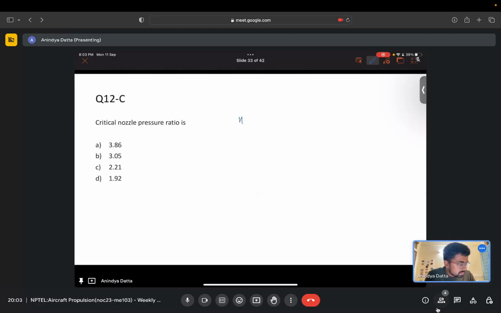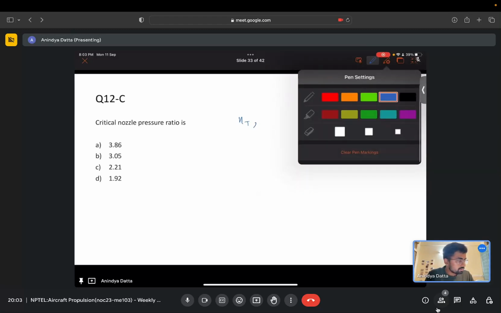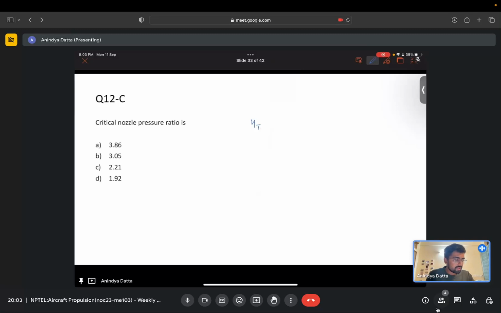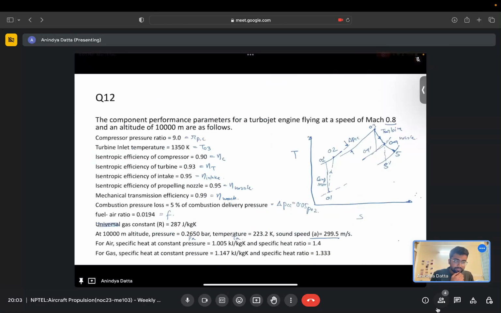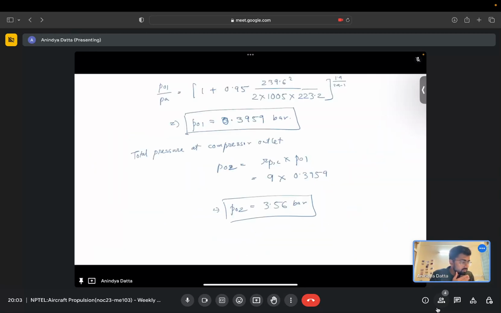For the turbine isentropic efficiency, that is the actual turbine work T03 minus T04 divided by the isentropic turbine work, T03 minus T04 prime, this is the definition of turbine isentropic efficiency.